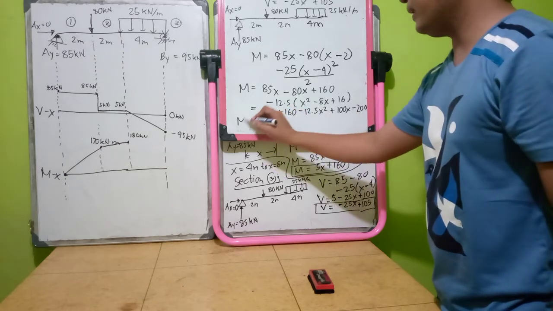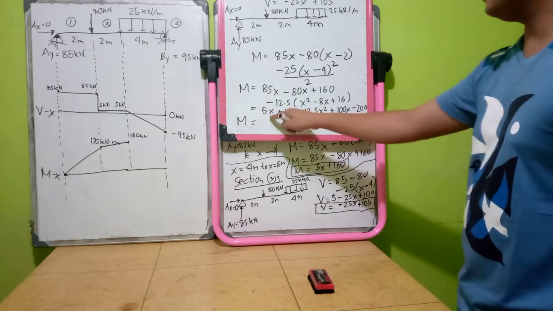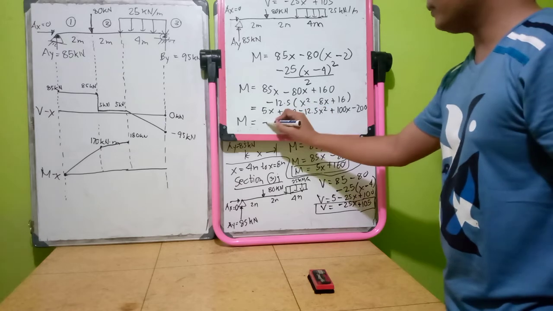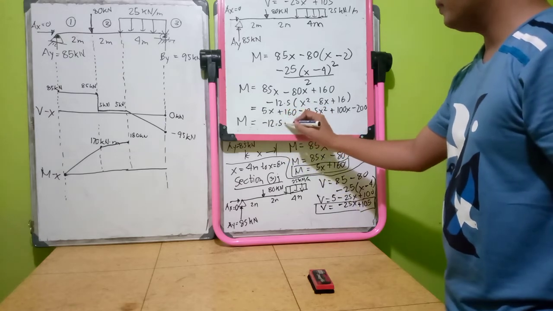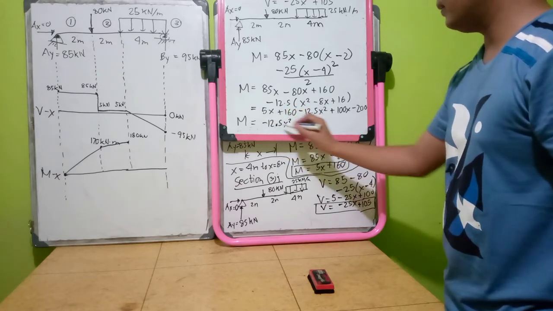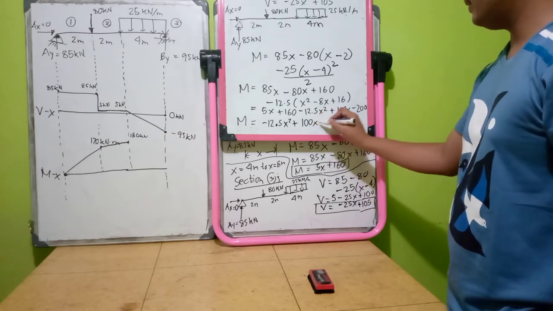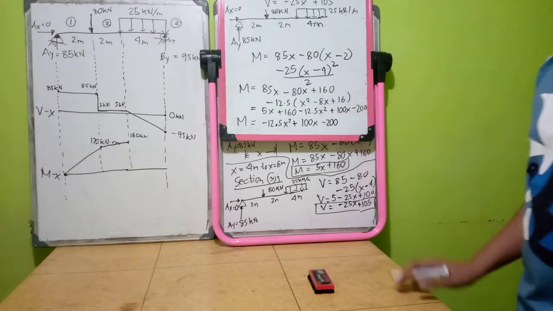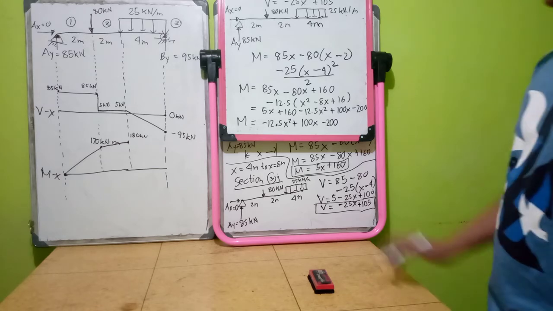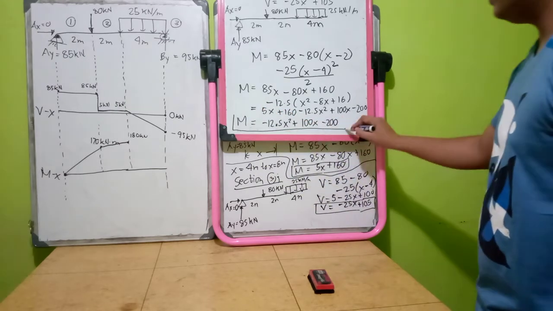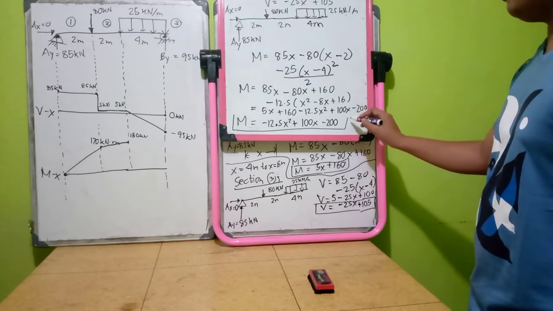So therefore your M, combine this one, we have negative 12.5x squared plus 105x minus 200.